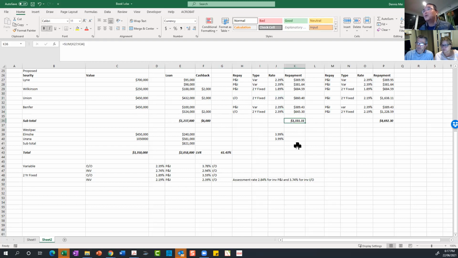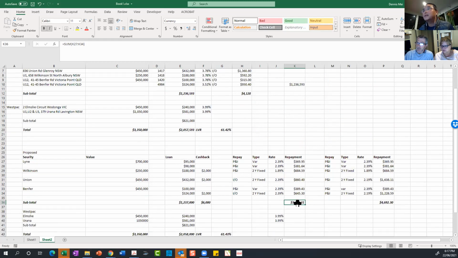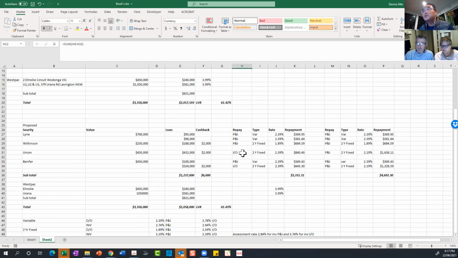The repayment is $3,330. And what's the repayment? 3,331. That's at your proposed. What's our current repayment? You had that listed elsewhere. 4,128. It's about $800 less per month. However, that's for interest only.